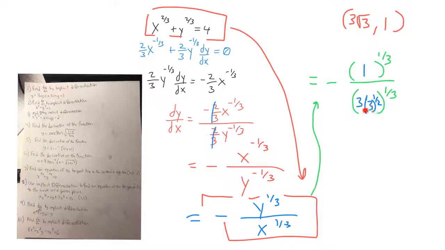We could simplify this and keep the base and add the exponents. That would become 3 to the 3/2. I foresee that that's going to be useful, so we are going to call that 3 to the 3/2.